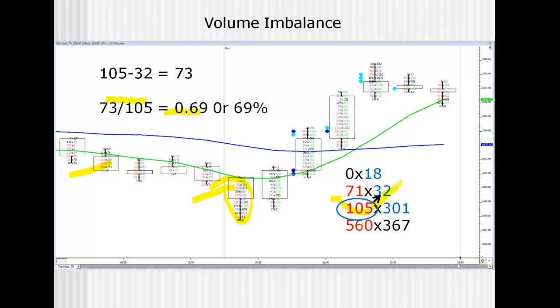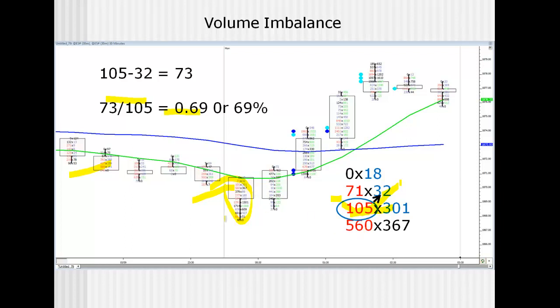So the extent of the imbalance here is 169% of the imbalance on the bid side. So the pressure is to the downside. And I tend to see that continue as we drop.